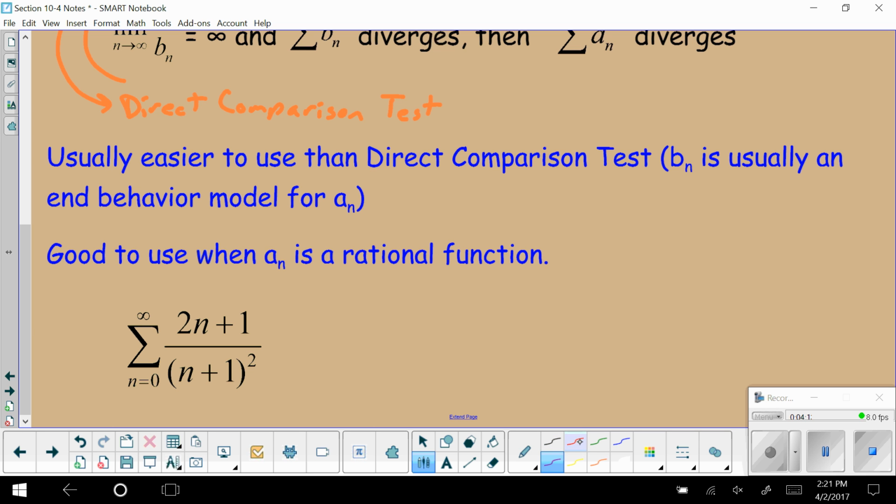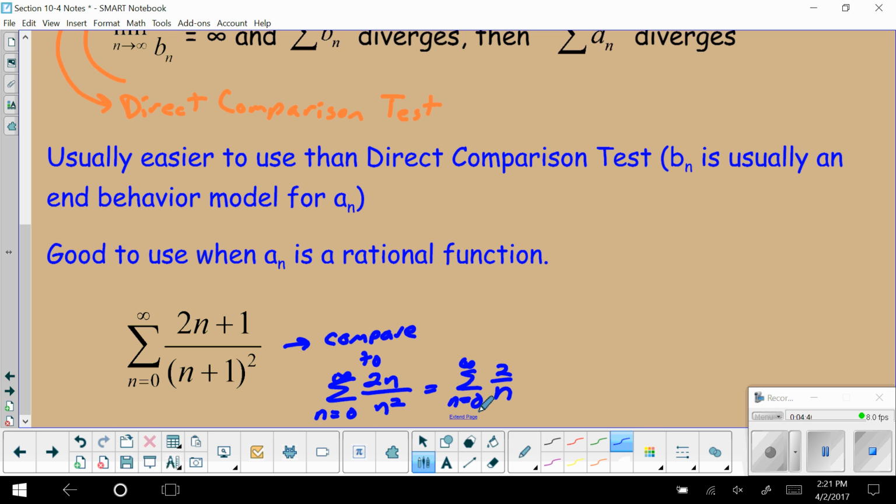So what that says is I want to compare this to the infinite series from n equals 0 to infinity. On top, my first term, the term that takes over, is 2n. On the bottom, it would be n squared. So this is the same as the sum from 0 to infinity of 2 over n.